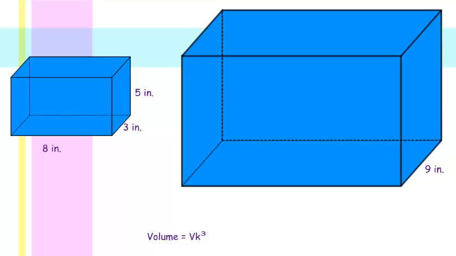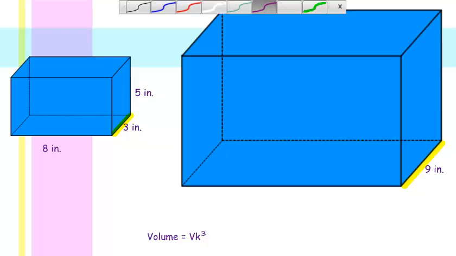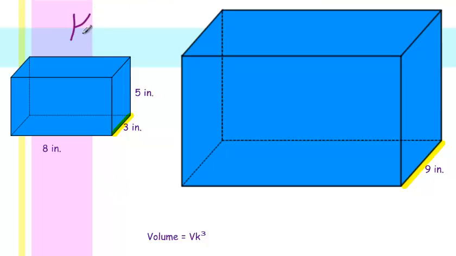The first thing I need to do is find K. And the 3 inches corresponds to the 9 inches. So it looks like K for this problem is going to be 3. The bigger rectangular solid is 3 times larger than the small one.